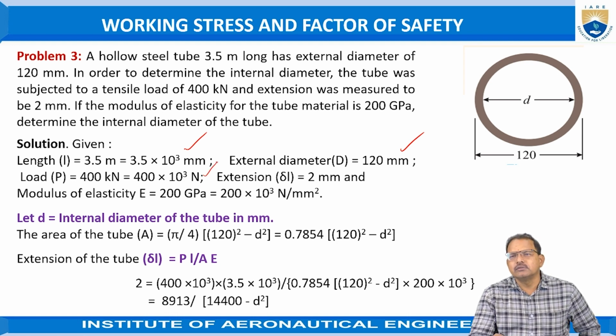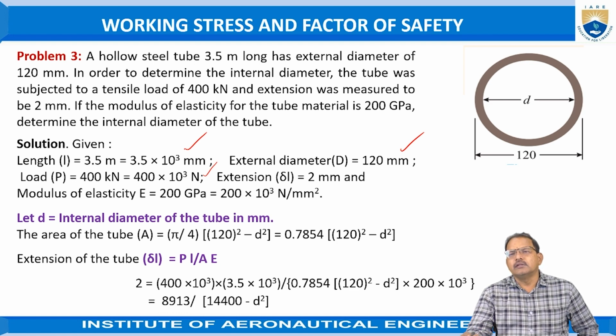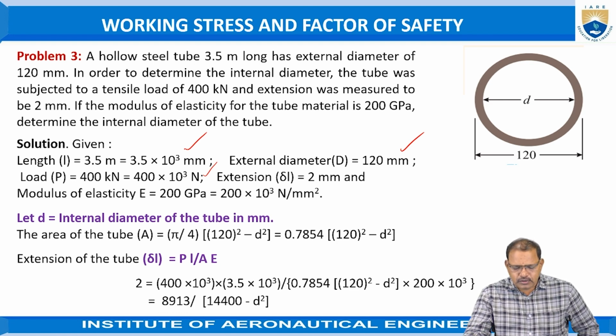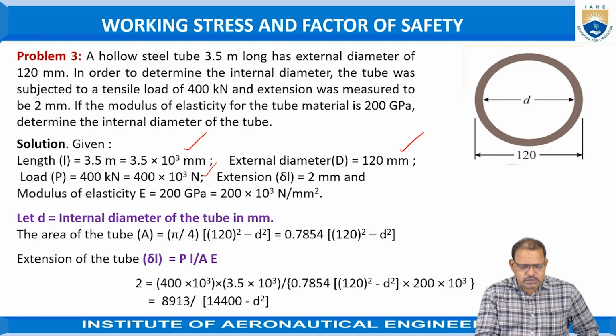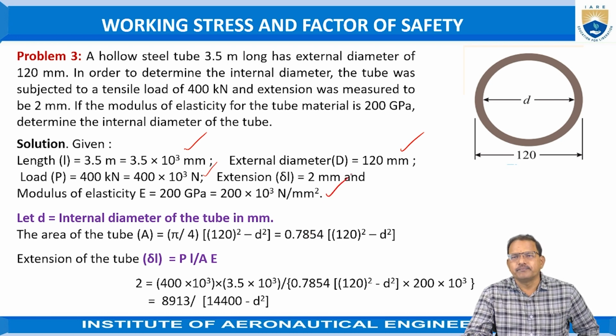The extension is delta L, that is the change in length of the cylinder, the difference of final length to its initial length. Modulus of elasticity is 200 GPa, that is 200 into 10 to the power of 3 Newton per mm square now.